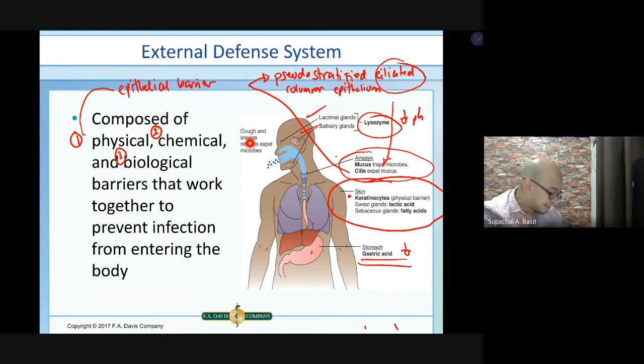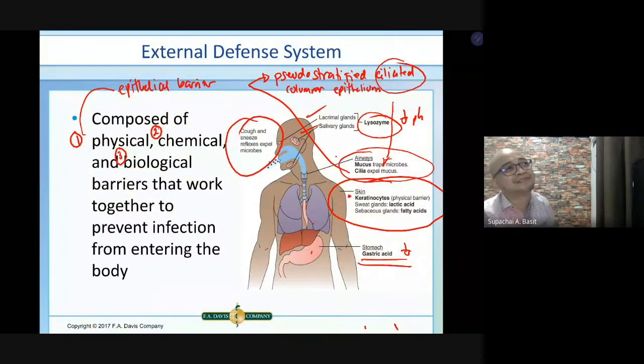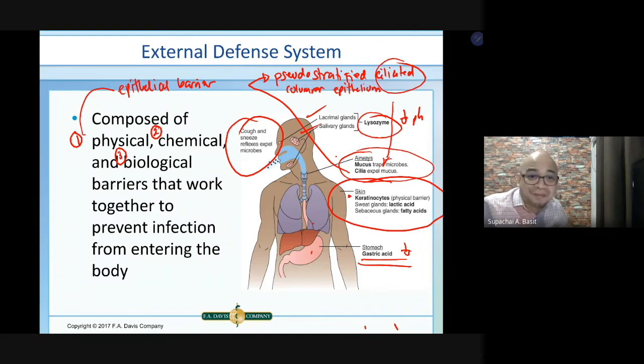And then when you say biological barriers, these are things that we are doing in preventing the entry of microorganisms. So let's say, for example, coughing and sneezing. During the time when I was infected with COVID-19, I kept on sneezing and coughing. It turns out sneezing and coughing are considered biological barriers so that I'll be able to expel microorganisms away from my body.